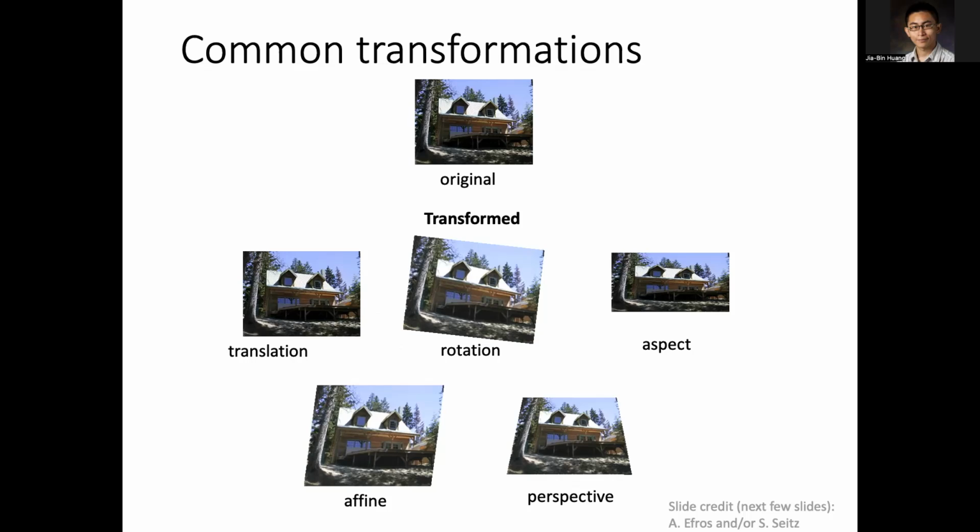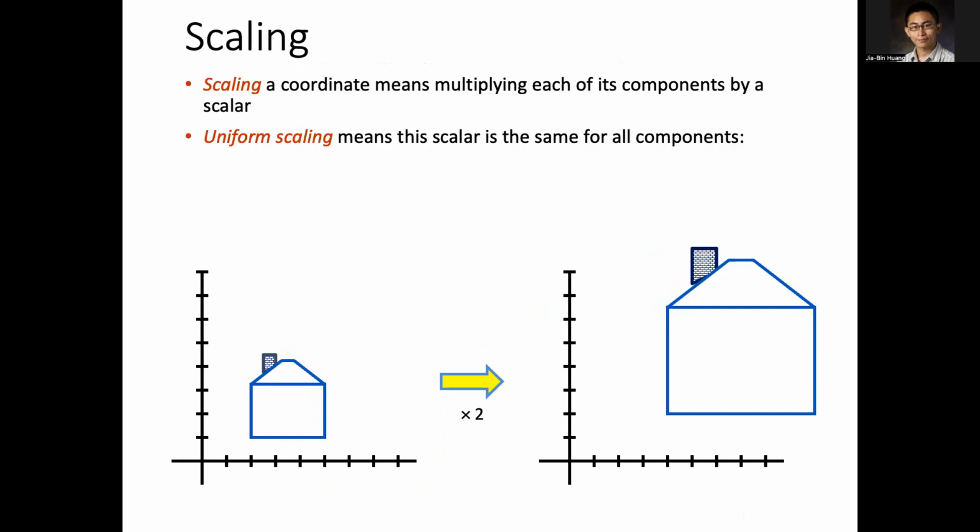Once you have that, the problem becomes: I give you two point sets, from feature detection, and you match the correspondences. Then how do I find the transformation?